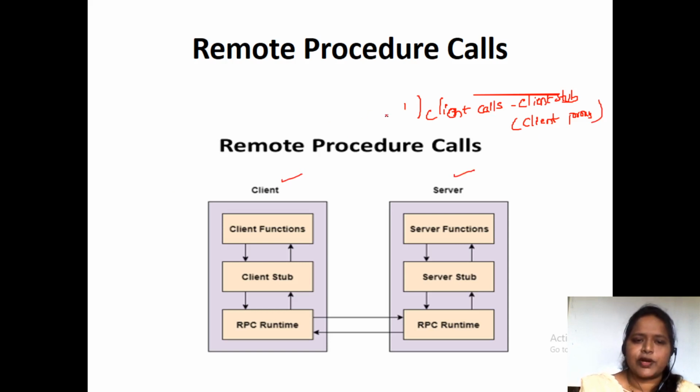The first point is that the client calls the client stub or the client proxy. Next, what this client stub does is pack the parameters into a message.